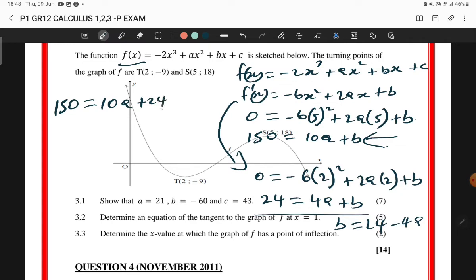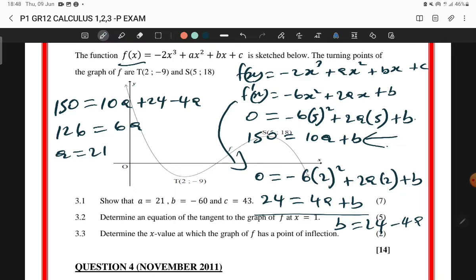Our b is 24 minus 4a. So we are having 150 minus 24, which is 126, and our 10a minus 4a is 6a. Then our a is going to be, we divide by 6, we get 21 for a.